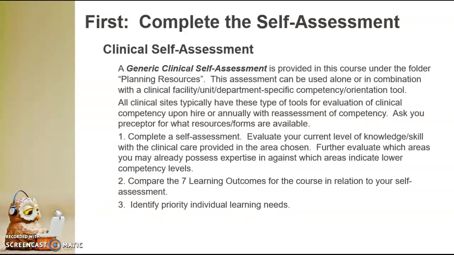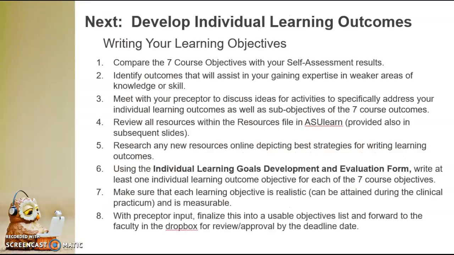So you'll complete the self-assessment, and as I've described, compare that with the 7 learning outcomes for the course. Then start to identify what things match up between the two. What can you identify as priority learning outcome needs for yourself in that setting based on the course outcomes?